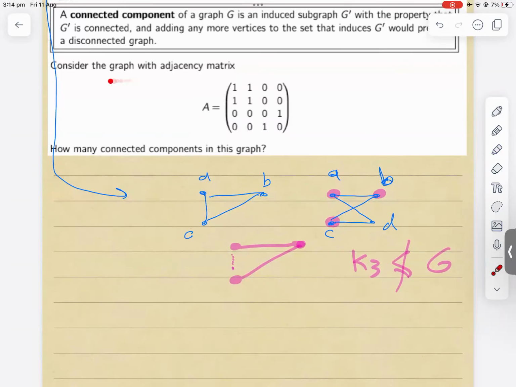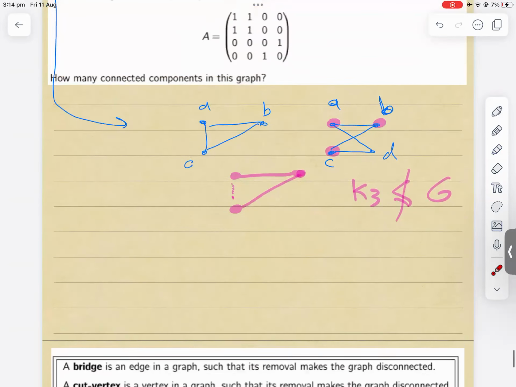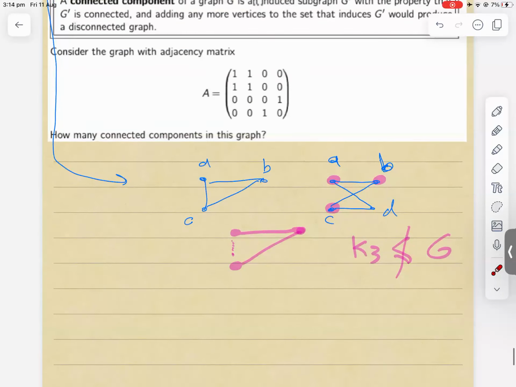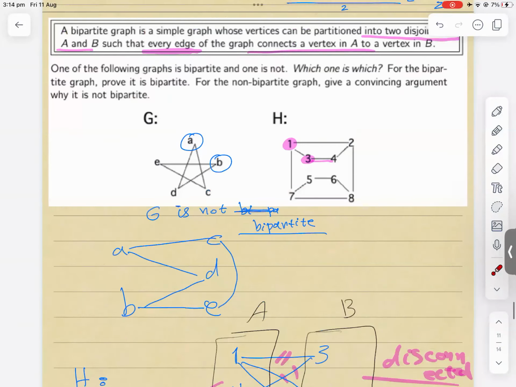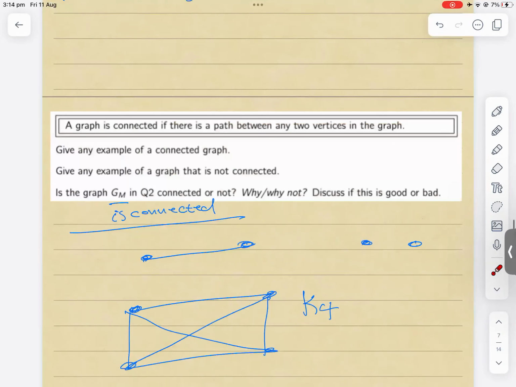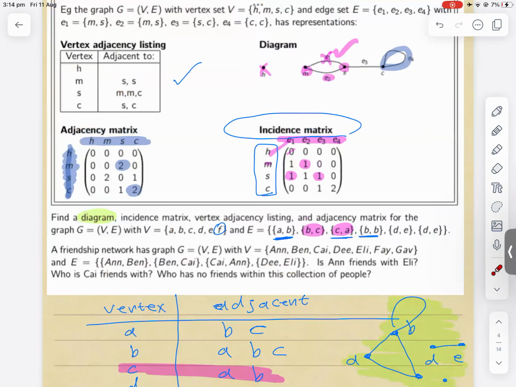Consider the graph with this adjacency matrix. We've got just only 3 questions. Let's remind ourselves what the adjacency matrix was. It is like vertices here, vertices here.